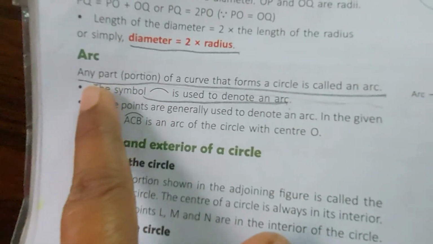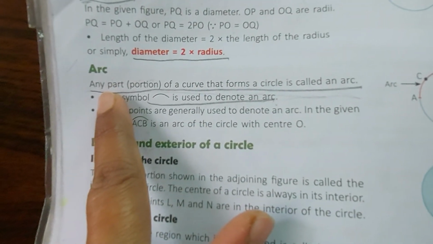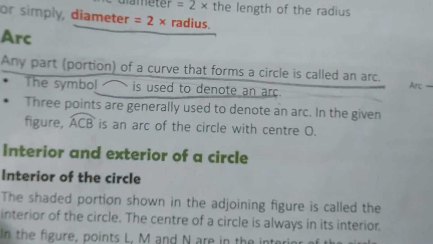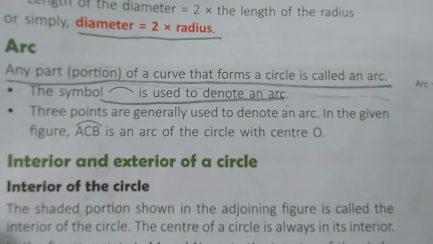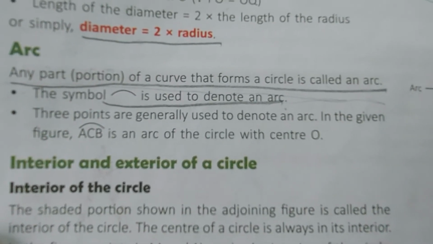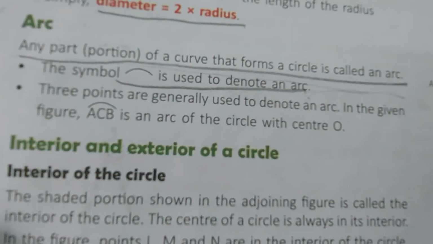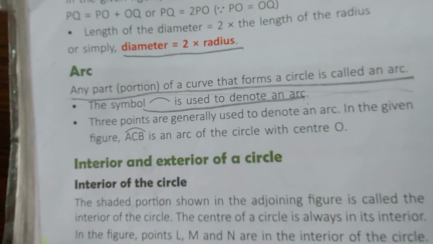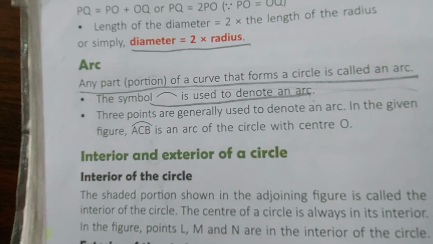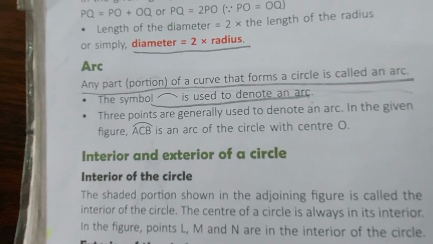Now the next term is what is an arc? Any part of a curve that forms a circle is called an arc. Any part of a circle is called an arc.